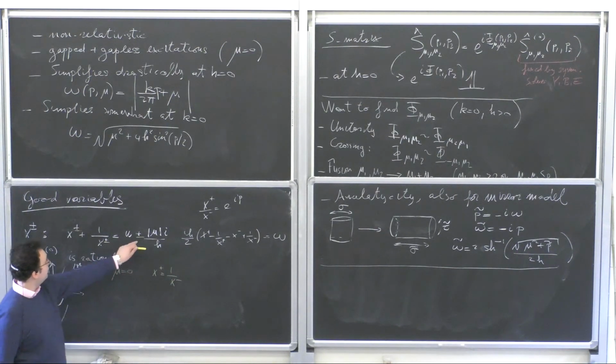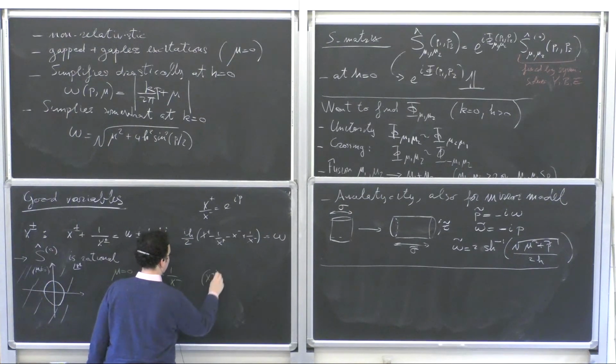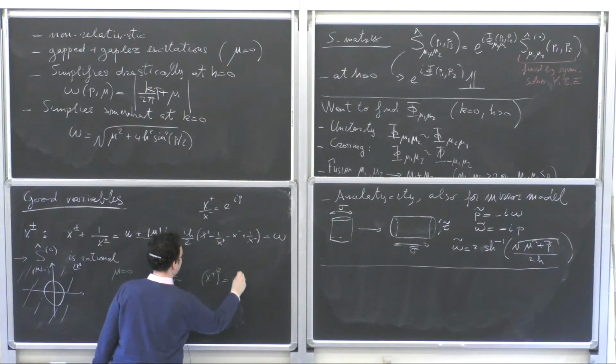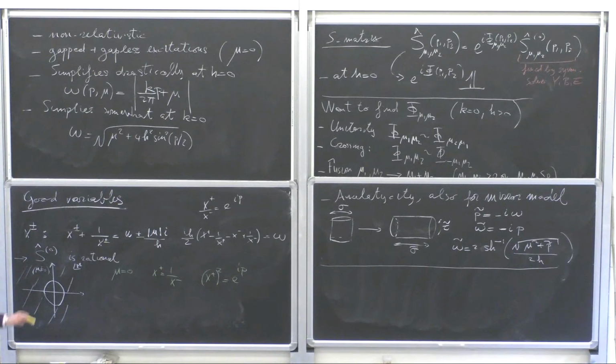You see here that they satisfy the same constraint. And they are basically e to the i p over 2, or e to the minus i p over 2. The other thing that happens is that it doesn't really make sense to consider complex momenta, because there are no bound states that involve physical massless particles. So they end up living exactly on the circle in this case, for mu equals 0.